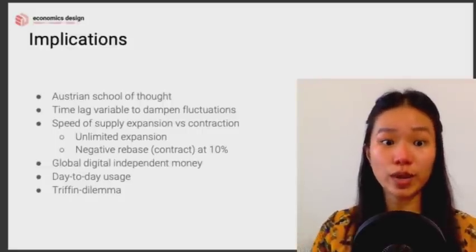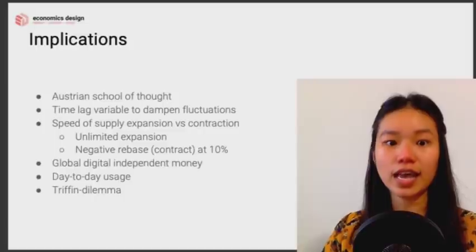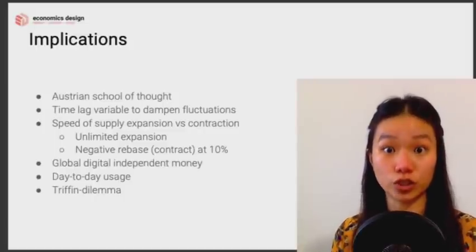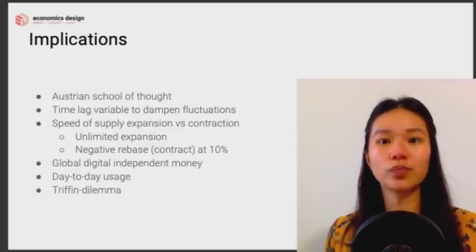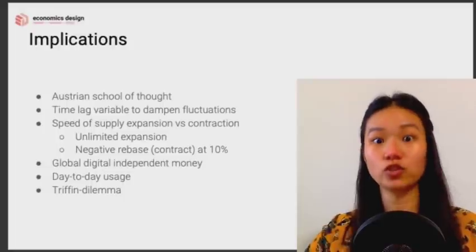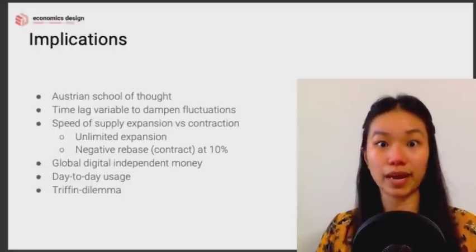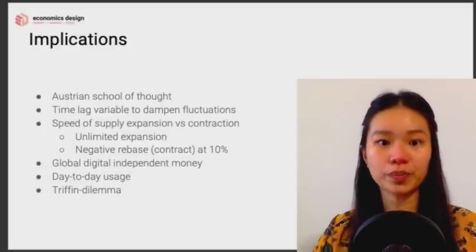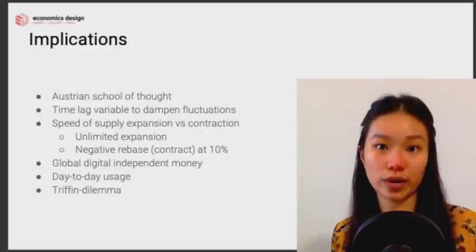However, when they have to rebase negatively, it has to contract, there's a limit to how much it can reduce, which is 10%. So if the time lag says that from today to tomorrow, I need to reduce 20% of the supply, tokens in my wallet will be burnt, I can only do it at 10%, not 20%.